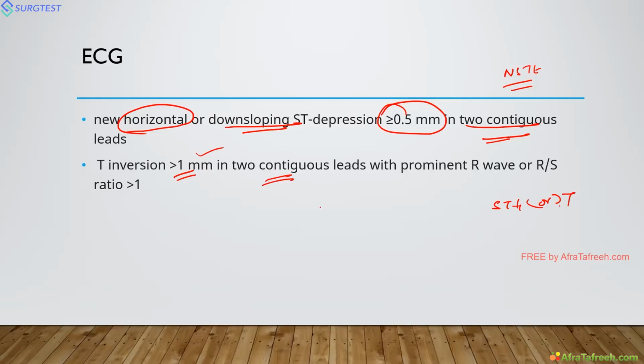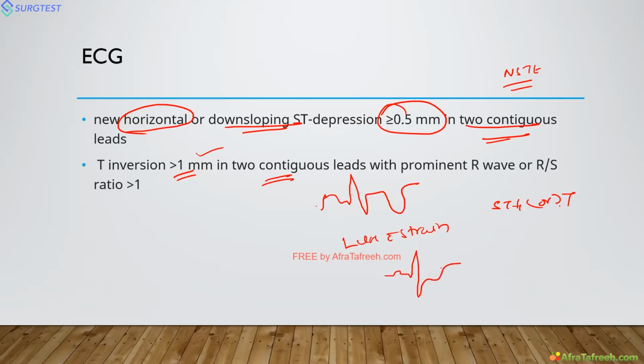So it should be another ischemia pattern. If this is the ECG, it should be a symmetrical T wave inversion, more than 1 millimeter. For example, when a patient is having LVH with strain, he will also have ST depression. But in that, there is an asymmetrical pattern; the ECG will be like this.